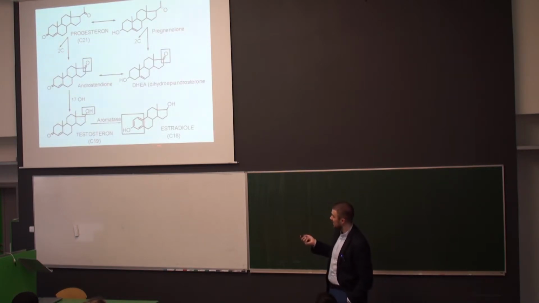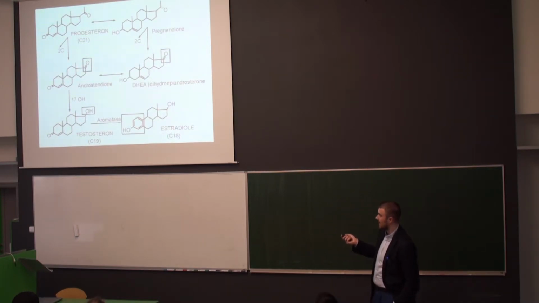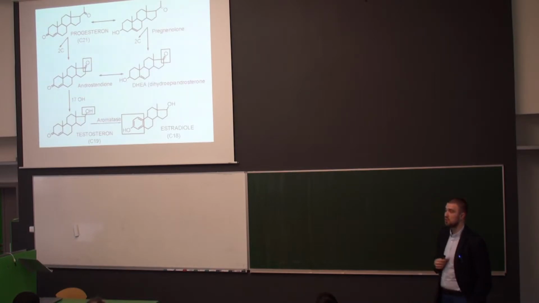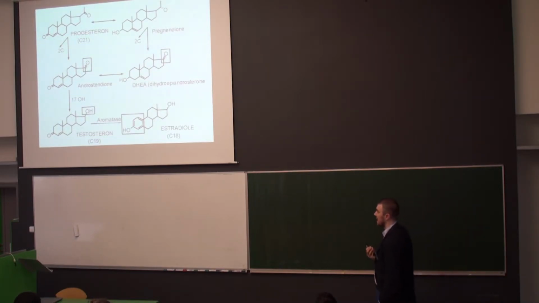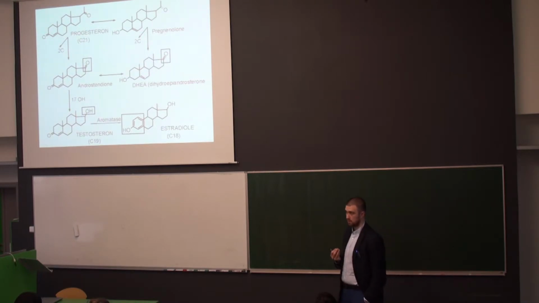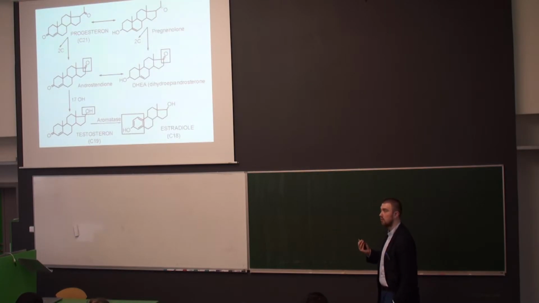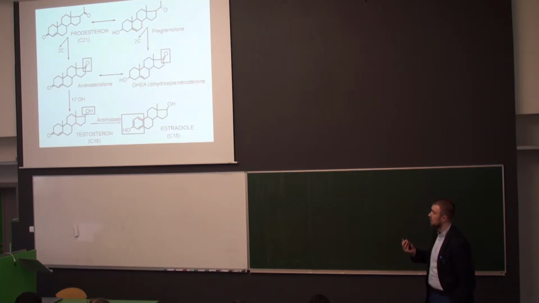If we look at the last group, the estrogens, they have 18 carbon atoms, and the enzyme producing them is quite a unique enzyme in human metabolism, called aromatase. As you see, the aromatase does quite many things at one moment, but what we can say is that here you lose the methyl group, you produce here the aromatic ring, and here you have the hydroxy group.